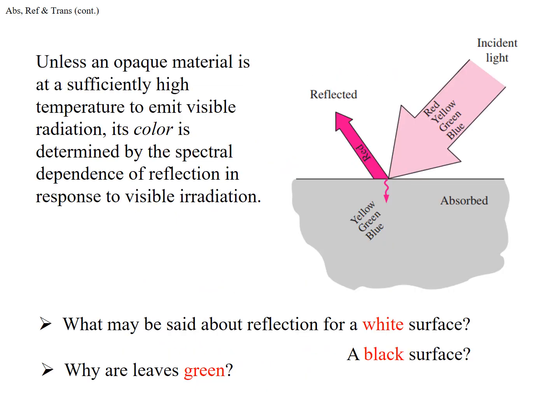Now, an interesting point here. Unless an opaque material is at a sufficiently high temperature to emit visible radiation, its color is determined by the spectral dependence of reflection in response to visible irradiation. What do we mean by that?